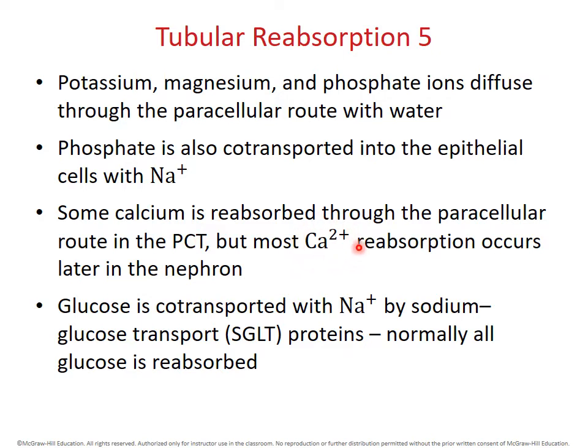Most calcium reabsorption is going to take place in the distal convoluted tubule under the influence of hormones like parathyroid hormone, remember, and calcitriol, vitamin D, from things we learned about in AMP1. In this chapter, we're going to see a little more specifically later exactly how those hormones affect calcium reabsorption, but that happens later in the nephron.